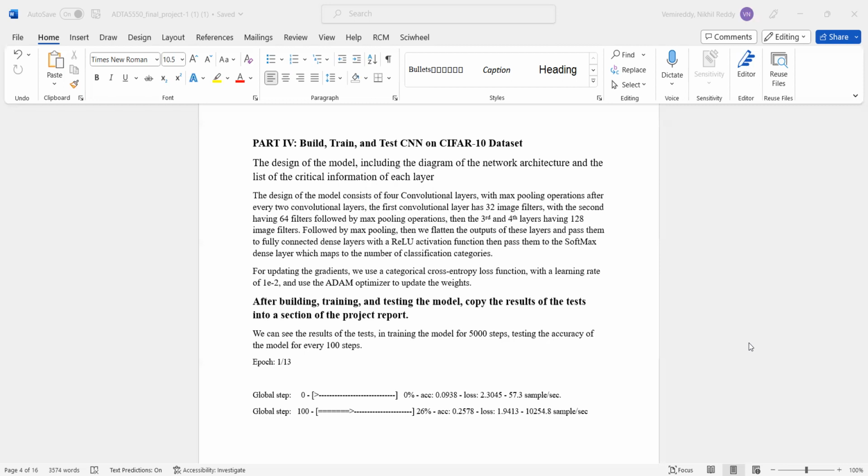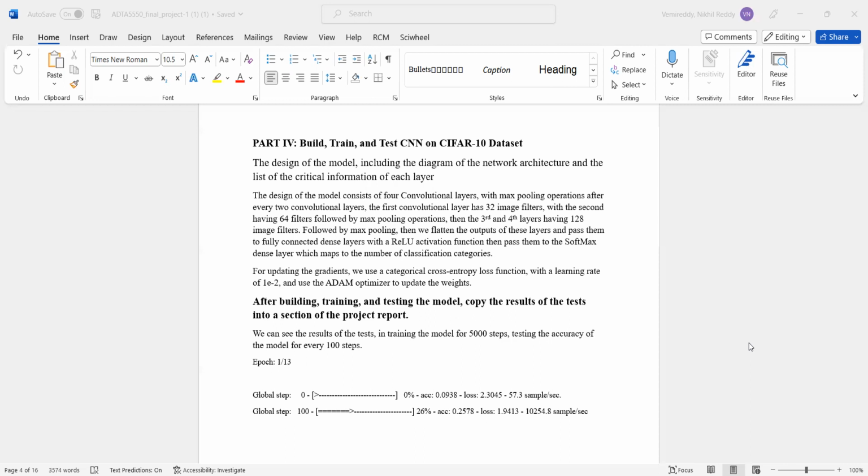After building, training and testing the model, copy the results of the test into a section of the project report. Here we can see the results of training the model for 5,000 steps, testing the accuracy of the model for every 100 steps. We are doing it for 13 epochs in order to achieve 5,000 steps in model training, and we are testing it on every 100 steps.